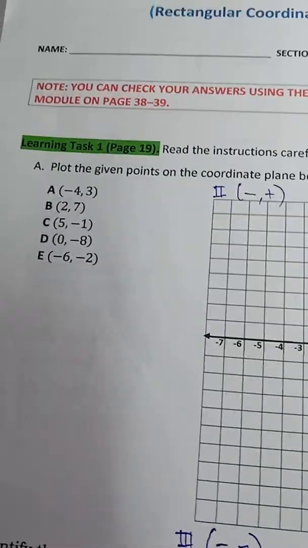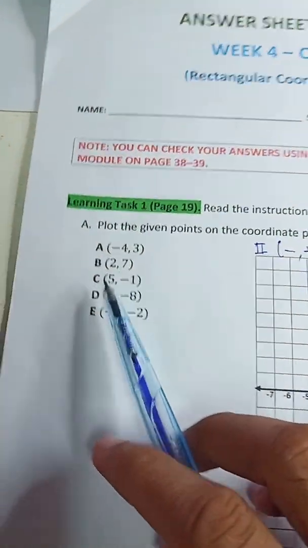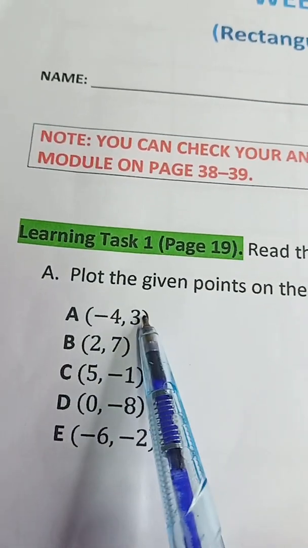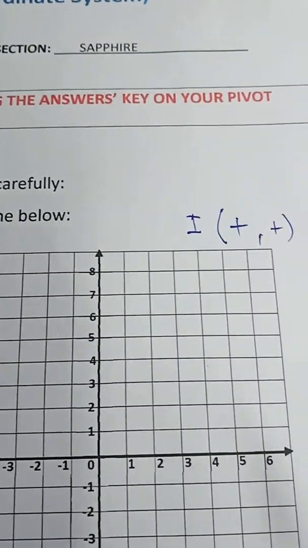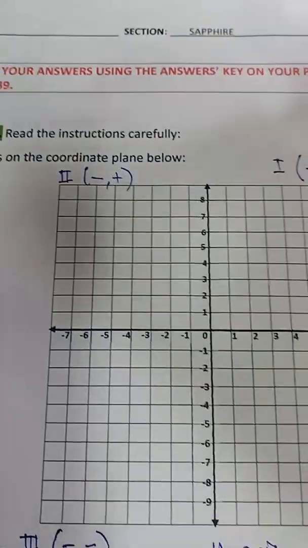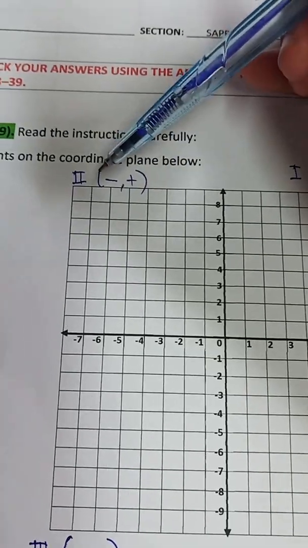You just have to find out kung nasaan yung mga sign na yan. So for example, yung letter A, negative and positive. So hahanapin mo lang dyan, class, saang quadrant yung may negative and positive? So ito siya, no? Negative and positive. So quadrant number 2.